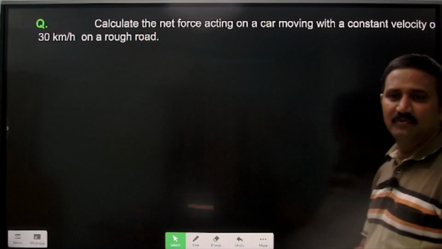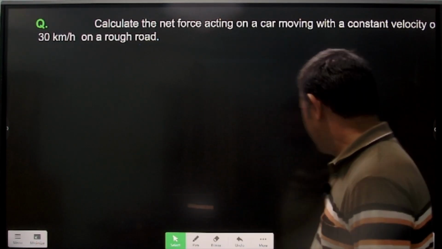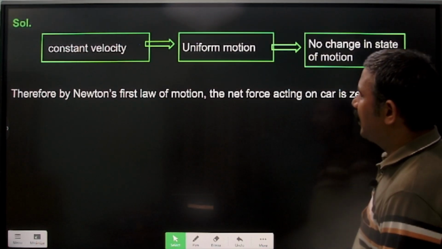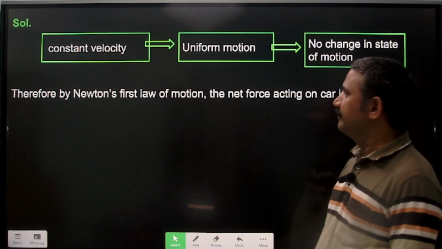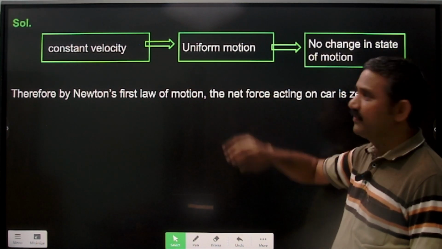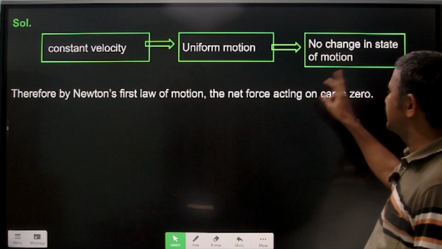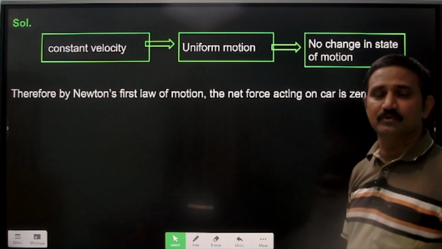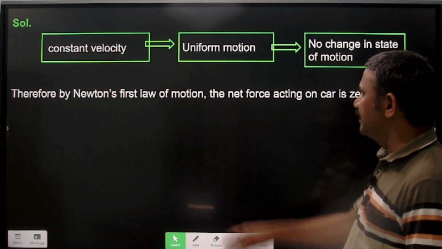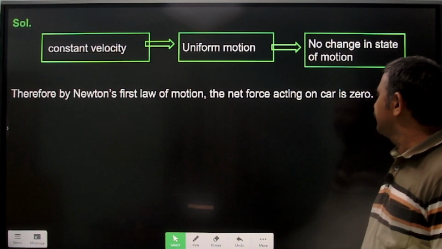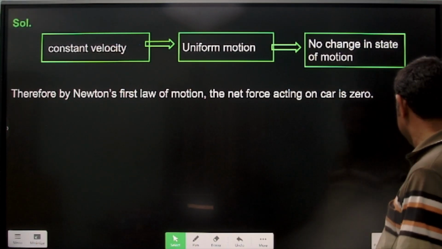The car moves with constant velocity, so it is in uniform motion. There is no change in the state of motion because the car continues to move with the same velocity. So by Newton's first law of motion, the net force acting on the car is 0.